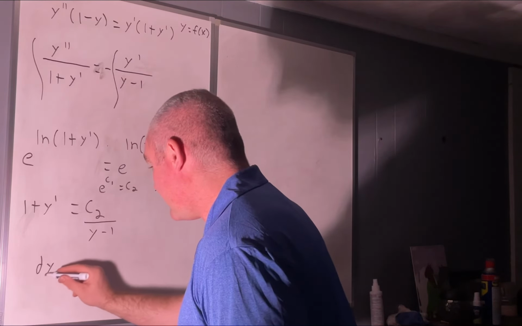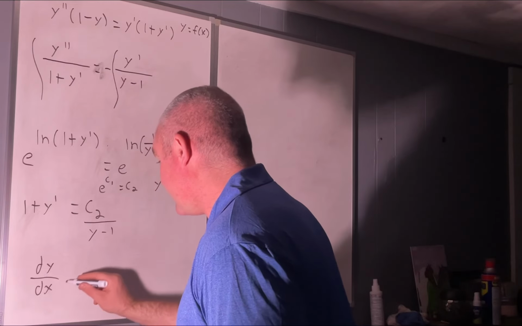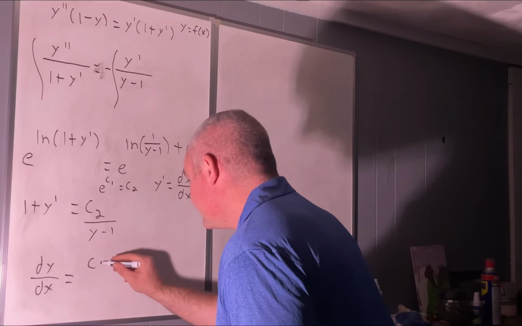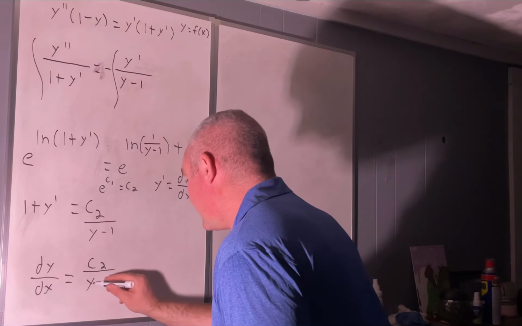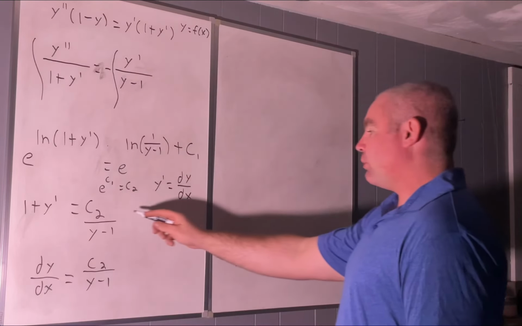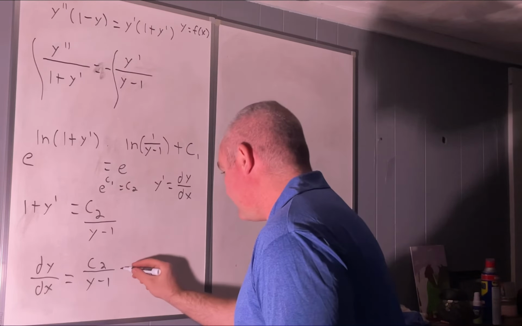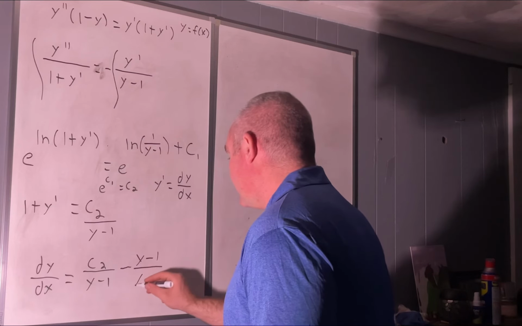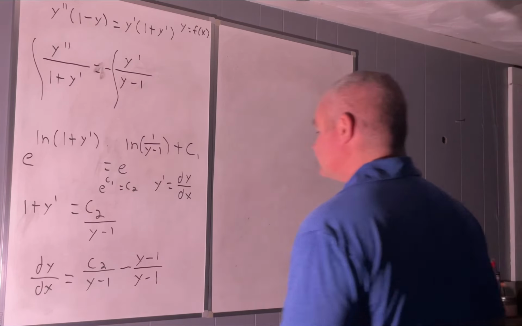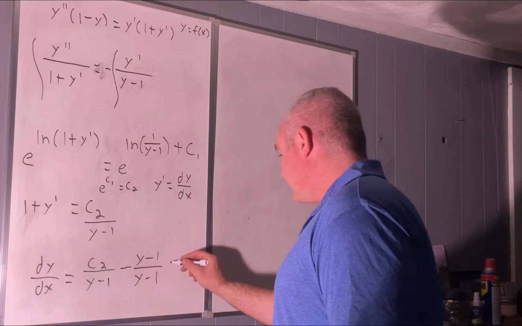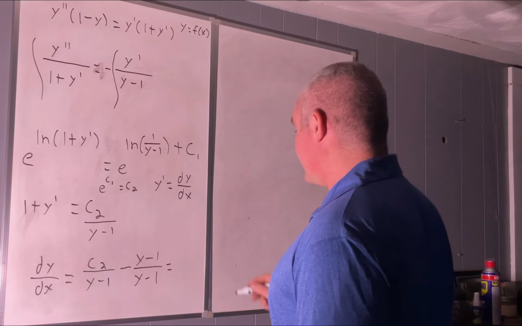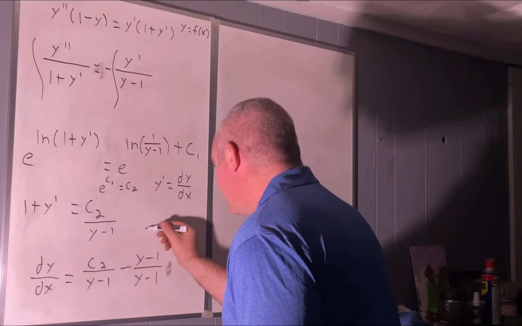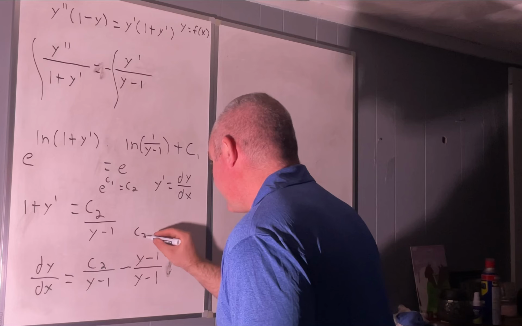So we have dy dx is equal to c2 over y minus 1, and I'll bring this 1 to the other side in this form. We will call this y minus 1 over y minus 1. Now I'm going to call a new constant c3.